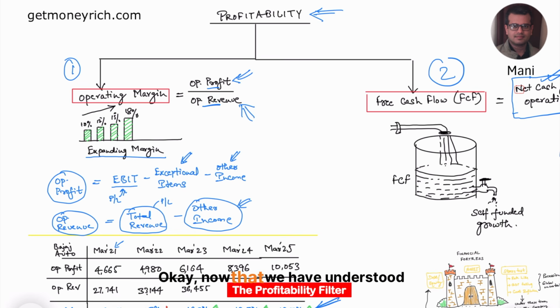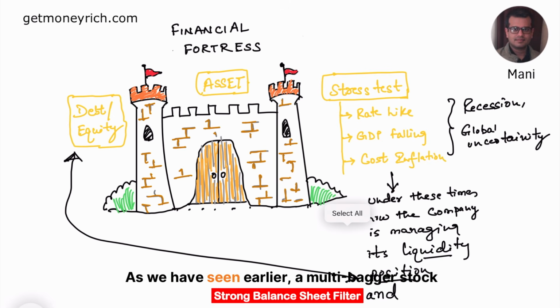Okay, now that we have understood how to analyze a company on the basis of its profitability, let's jump to the next step: how to check if the company has a strong balance sheet or not. As we have seen earlier, a multi-bagger stock shall not only have a strong profitability profile, but it should also have a balance sheet so strong that it can be called a financial fortress.